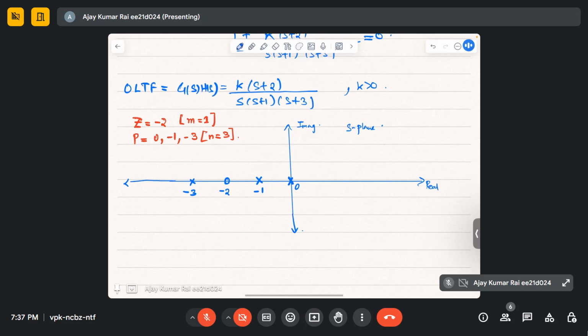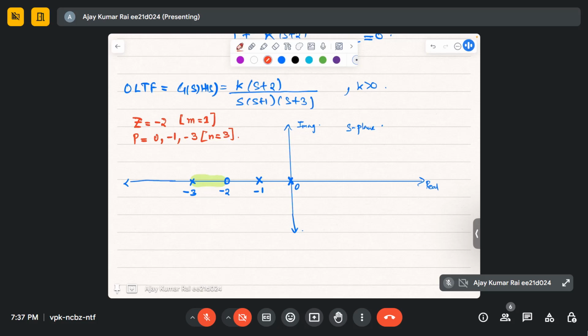If I take the test point here and see on the right side, I can see 3 poles and zeros. The number is odd, so the root locus will exist. So the root locus will exist from minus 3 to minus 2.